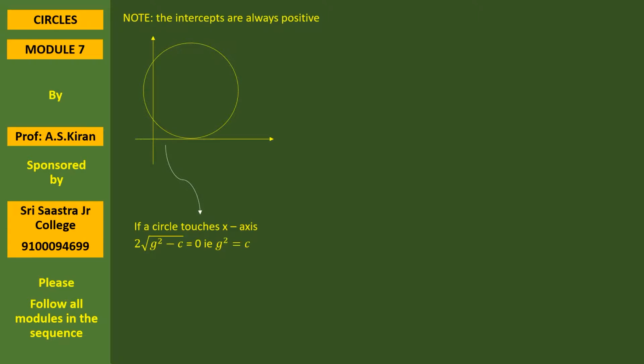So 2 root of g square minus c is equal to 0, that is g square is equal to c. Once again, if a circle touches x-axis, x-intercept becomes 0, and we get the value g square is equal to c. Please remember it is a condition.